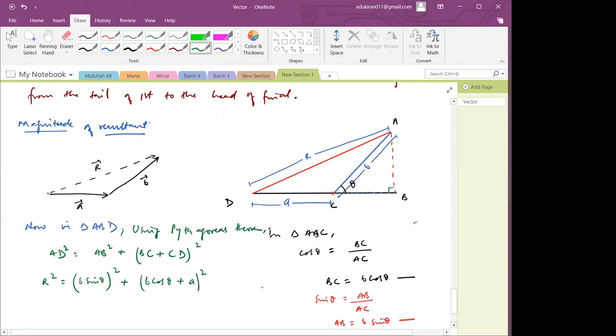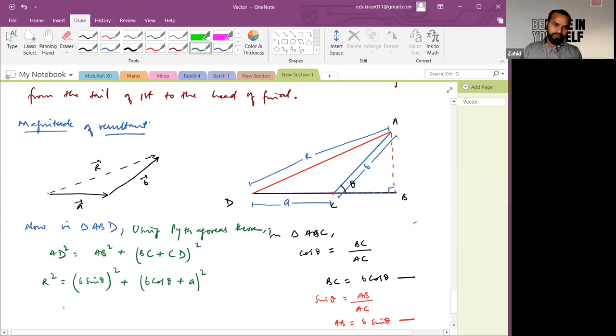Yes, sir. Okay. Now on simplifying it further, it will be B square times sine square theta plus, we have A plus B cos theta whole square. So on expanding using the rule, it will be A square plus B square cos square theta plus 2 times AB cos theta.